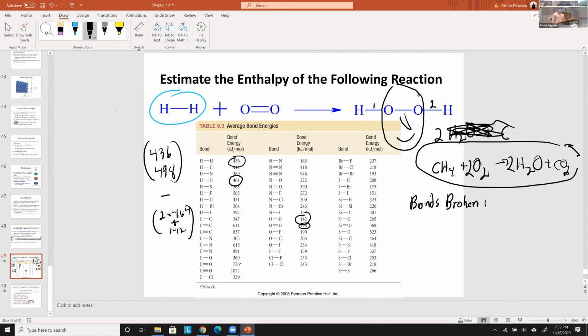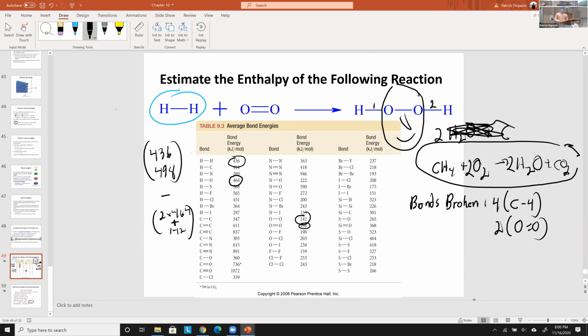So if you were doing this problem, take the time, write down the Lewis structures, and you see that it's 4 times the CH bond. Then the next thing would be 2 times the O2 bond, because you have this coefficient 2, and the O2 bond is a double bond. So that's going to be the bonds broken.